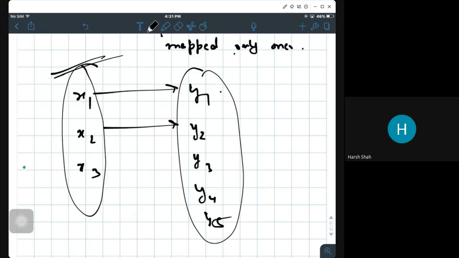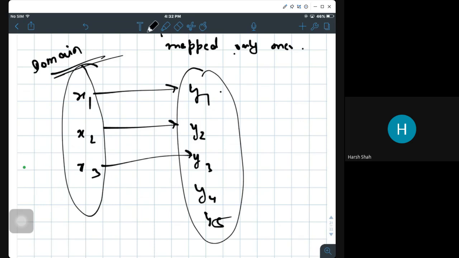Is this clear till now? The basic definition is that my domain is always used up. What is a domain? A domain is the set of x values that can be put into the function that will give me an output.